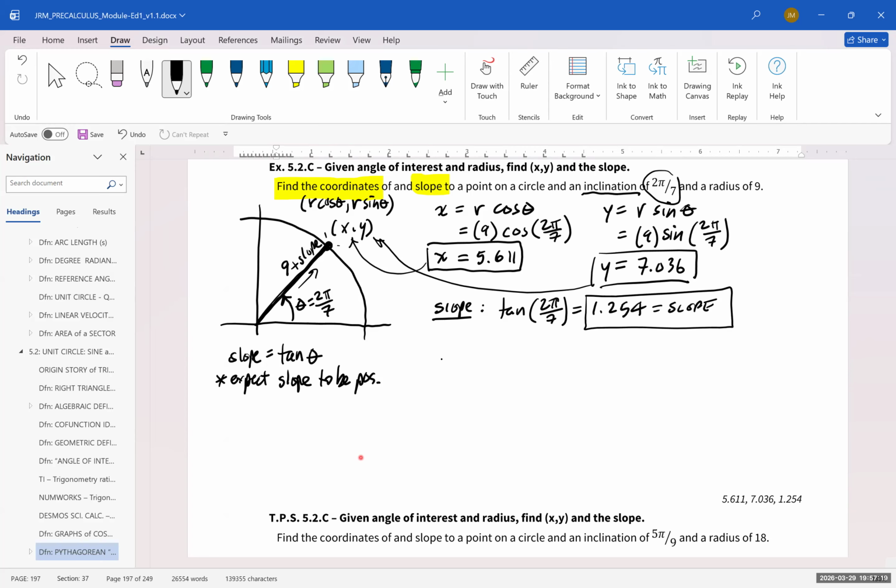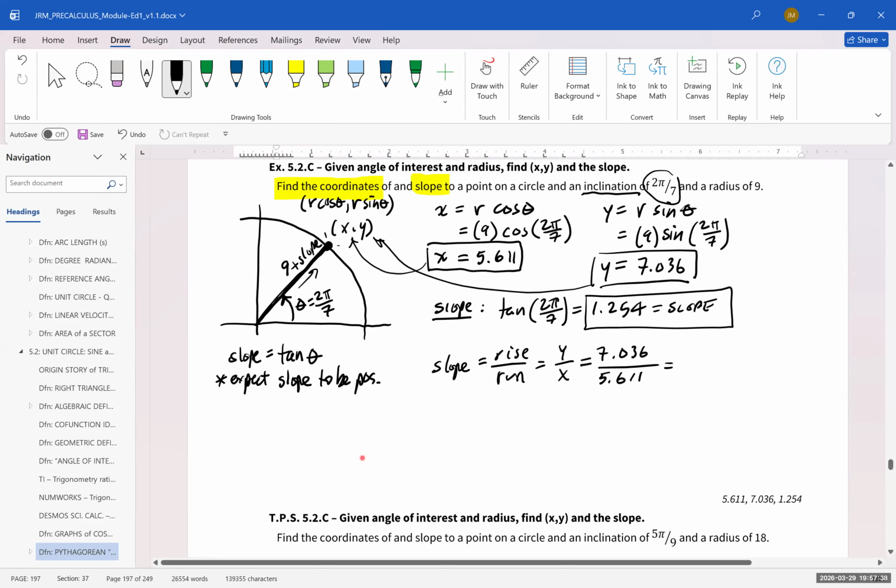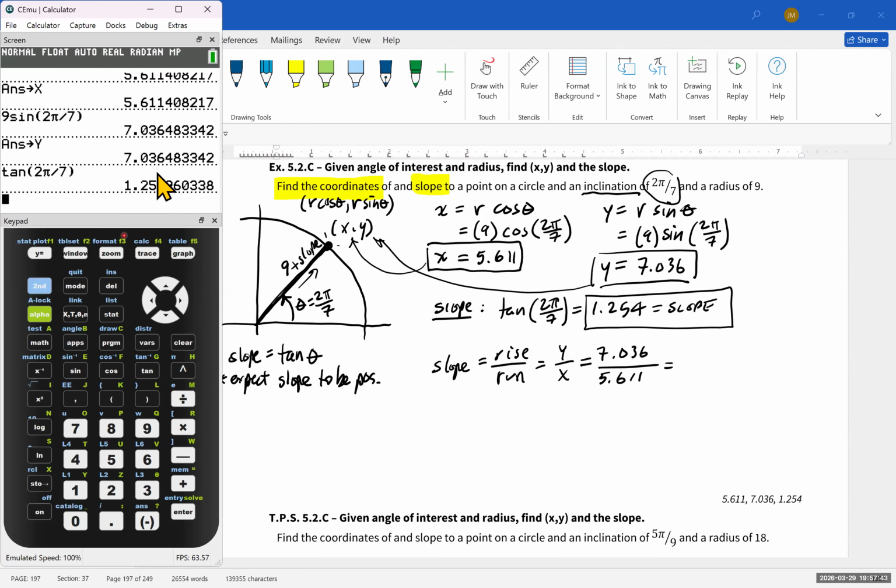Now, for the sake of argument, if we wanted to calculate the slope as rise over run, which is the y value over the x value, that would be 7.036 divided by 5.611. What does that come out to? Instead of typing all these numbers out or scrolling up and putting those in, remember I stored those in x and y. So I can just put y divided by x.